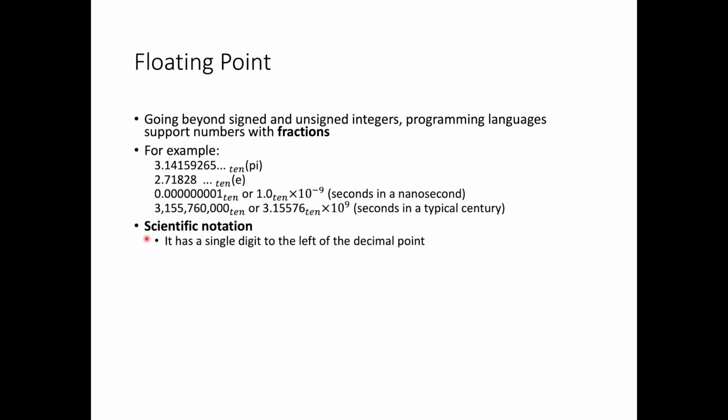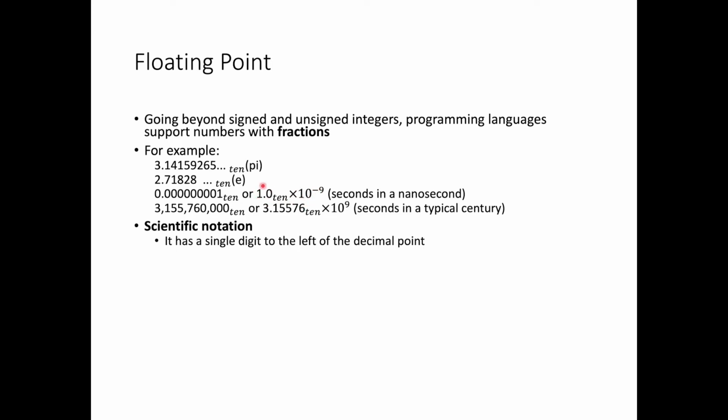We usually use scientific notation to define a floating point. Scientific notation has a single digit to the left of the decimal point. The definition means a number is in scientific notation if it only has a single digit to the left of the decimal point. We have 1.0 times 10 to the power of -9.